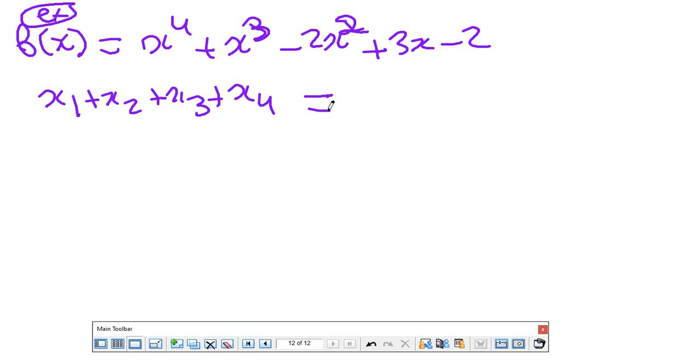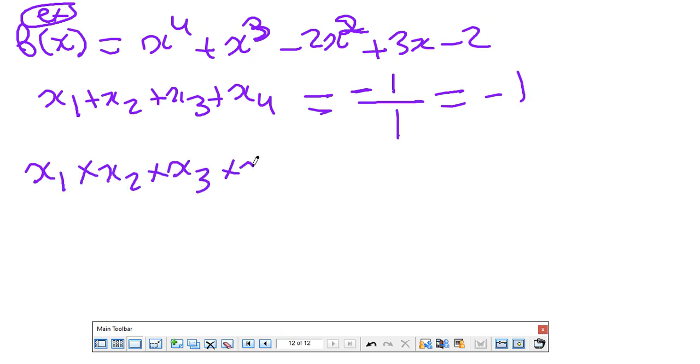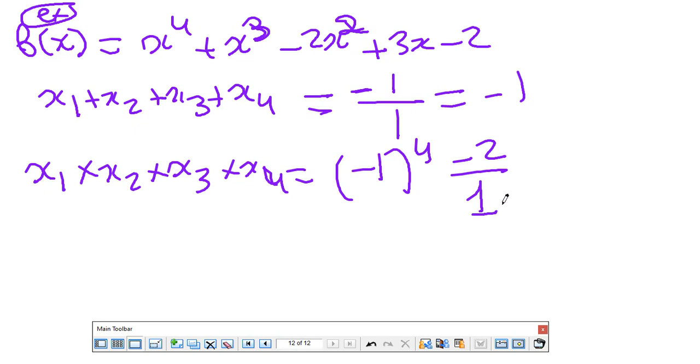So the sum is equal to minus 1 over the first coefficient 1, so it's equal to minus 1. Now, if I want to find x1 times x2 times x3 times x4, it's minus 1 exponent 4 times the constant, minus 2, over the coefficient of the highest degree, 1, so the answer is minus 2.